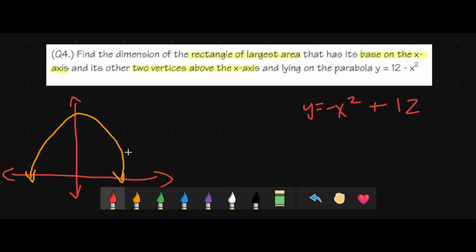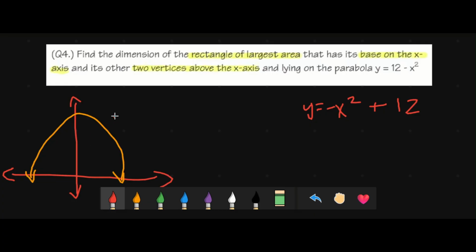Well, x squared is something like this, so it has its vertex at x equals 0. When it's negative, it's flipped around like this. Then you just add 12 to it, so its vertex is still at x equals 0.